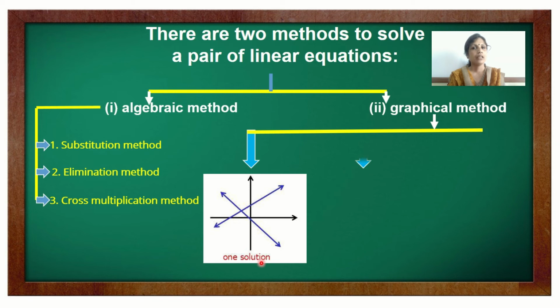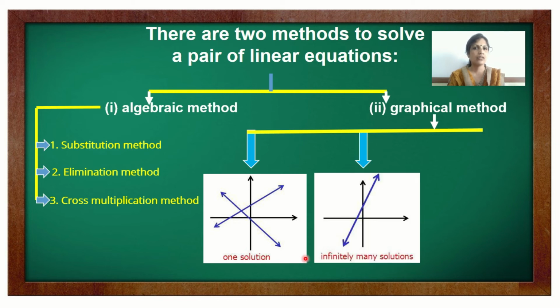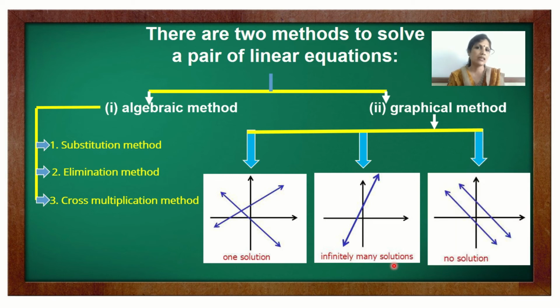If the graph looks like this, where the lines overlap each other, they coincide with each other, that means the pair of linear equations has infinitely many solutions. And the third is, you may get a graph of this type where the two equations represent two parallel lines.